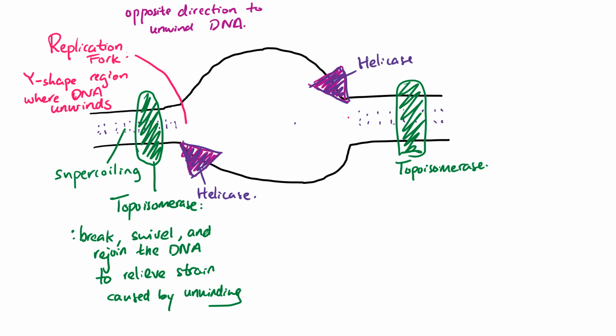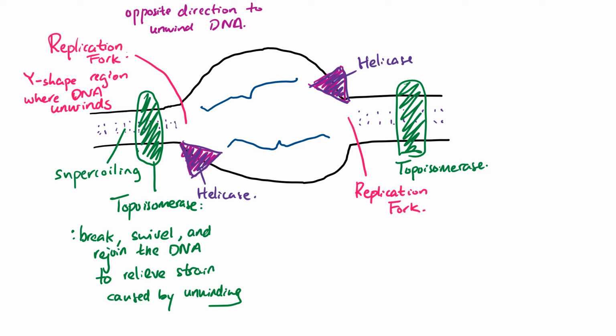So this is another replication fork. And when helicase opens up, this region over here is now single-stranded, because the two strands do not form hydrogen bonds between each other.